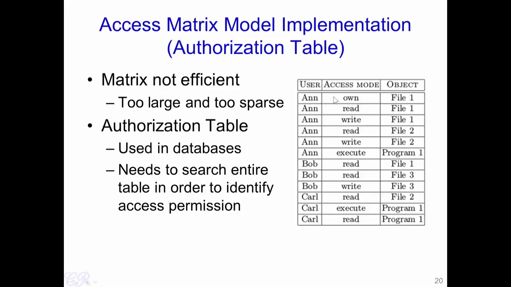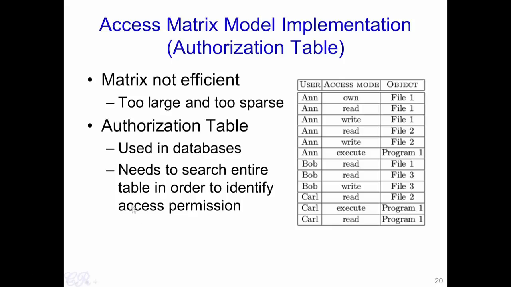For every right that Anne holds, there will be a separate row in this table. The problem with this implementation is that one needs to search the entire table in order to identify whether a particular user has a particular right on a particular object.